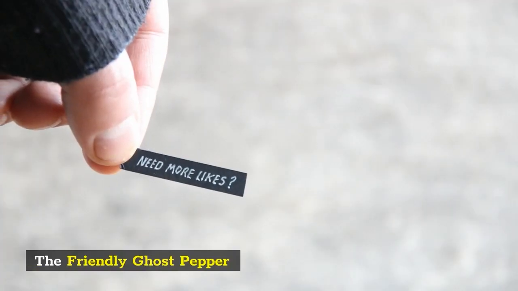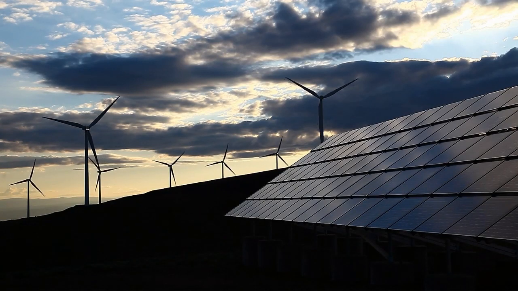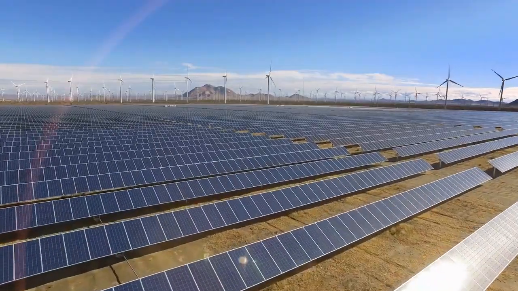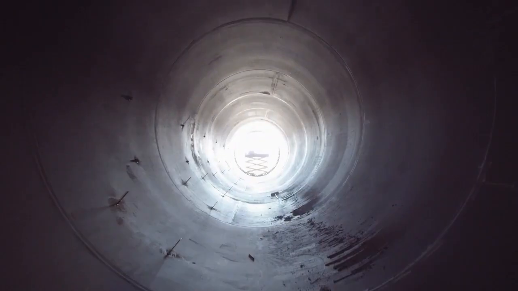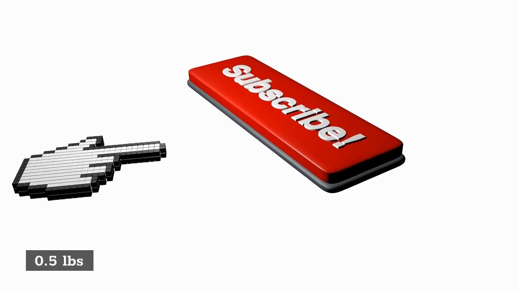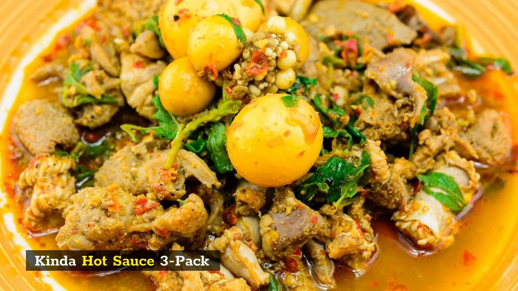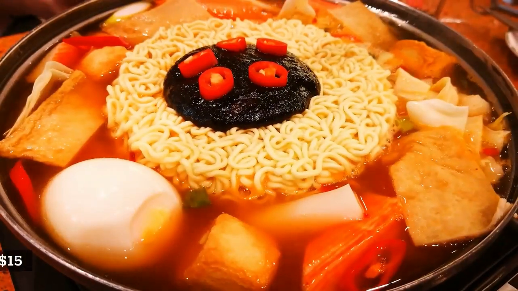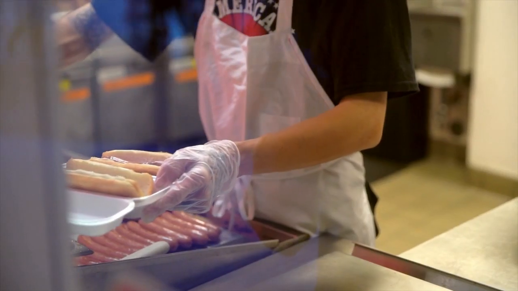The friendly ghost pepper: $5, $15, 66%, half a pound. Kinda hot sauce 3-pack: $15, $40, 63%, 1.5 pounds.